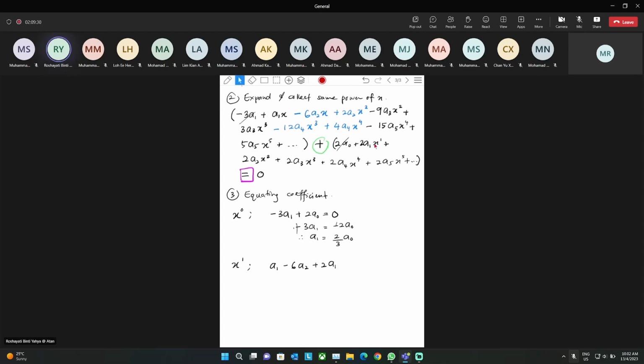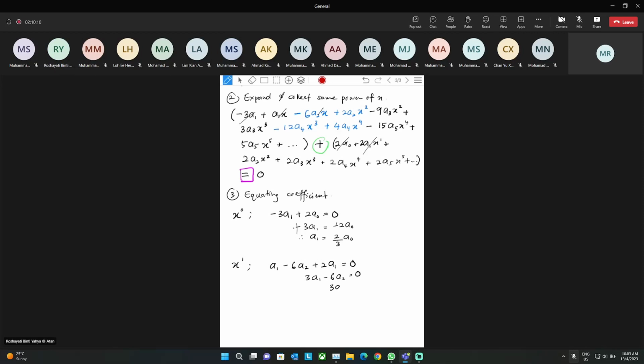Any more? X to the power of 1 there is none. Equal to 0. Okay. So this is settled. So become 3a1 minus 6a2 equal to 0.